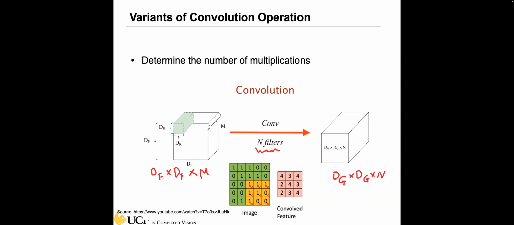Because we have M channels as your input channels, your kernel will also have M channels so that we can do the convolution over the entire input. We specify N such different filters, so we are able to generate N feature maps. One filter generates one feature map. So you can calculate how many multiplications there are.